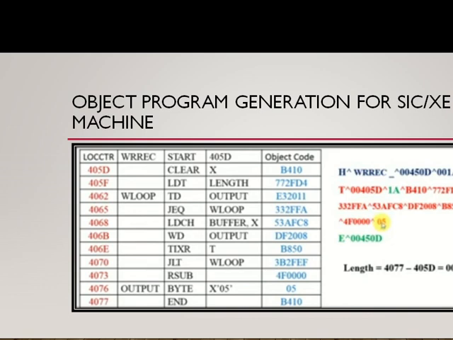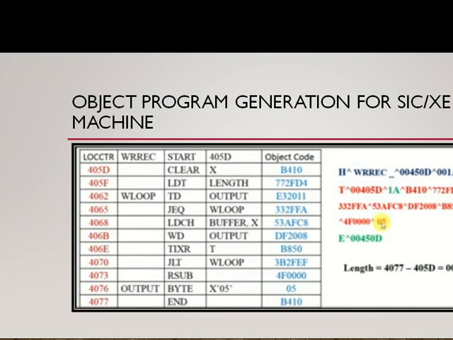Then the length of this program, which will be calculated by subtracting the first address from the last address, so that we will get 001A. Then the text part. In the text, the first column is T. Then 2 to 7 is the address of the first instruction, that is 405D.